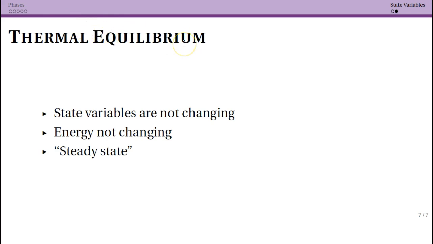Equilibrium's obviously in the name. And so this typically means that energy is not changing. I don't quite want to say that it is not interacting with its environment, but you have a steady state. So for instance, you can have a gas that has interacted with its environment and reached equilibrium with the environments that it's in contact with.